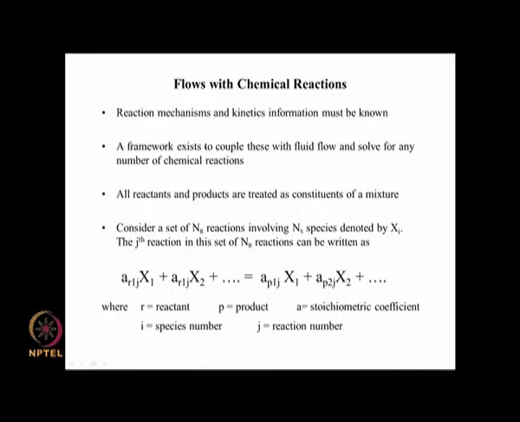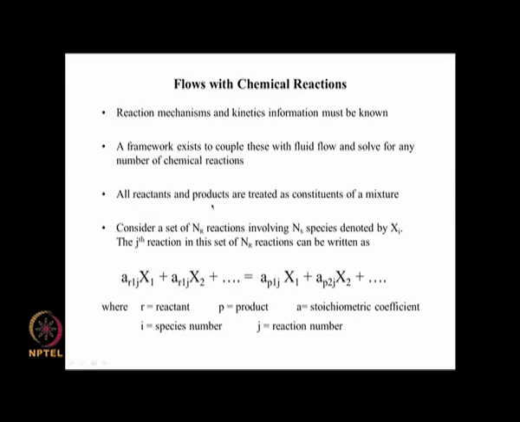So there is a framework needed to specify and include all these reactions. There is a framework of calculation that we are going to see, which exists to couple this chemical reaction scheme with the fluid flow, heat transfer and mass transfer effects, all of which come into the overall rate of reaction. And this particular framework assumes that we are dealing with a mixture. Okay.